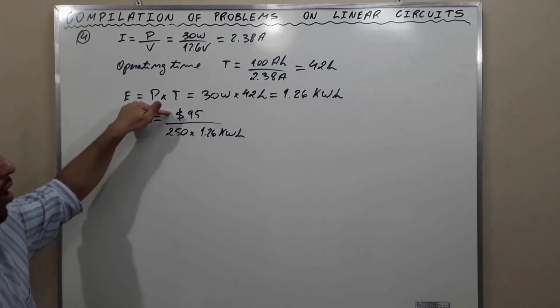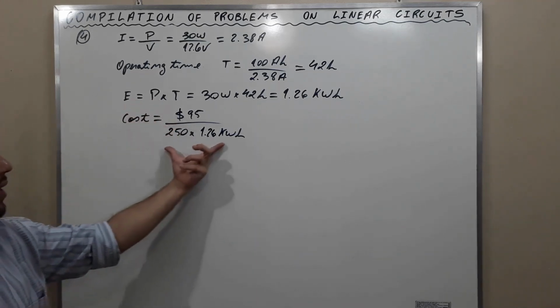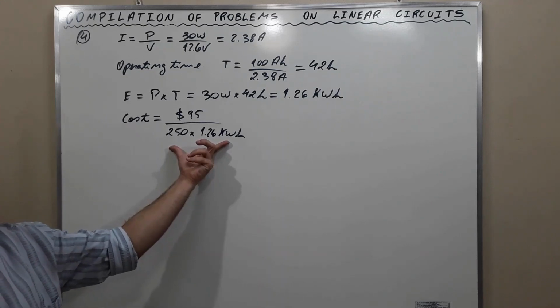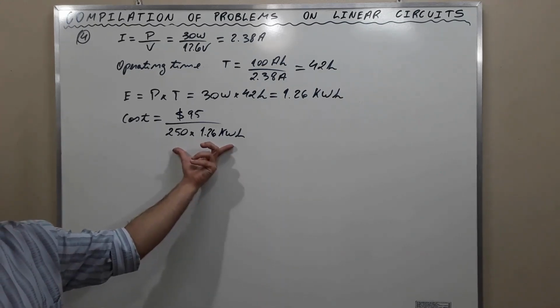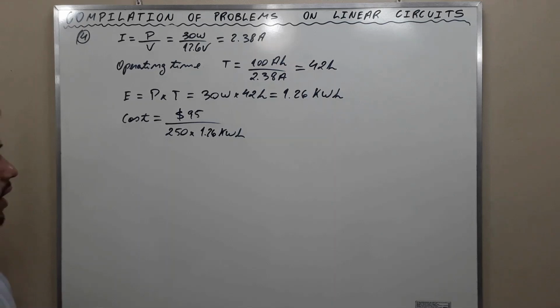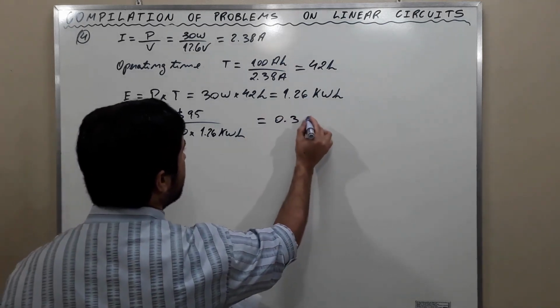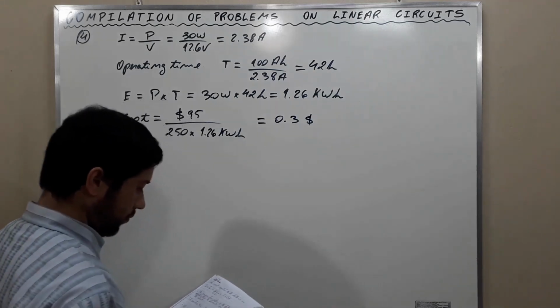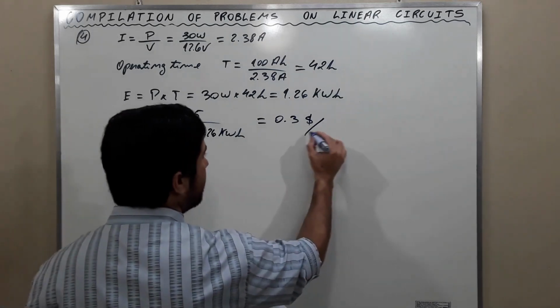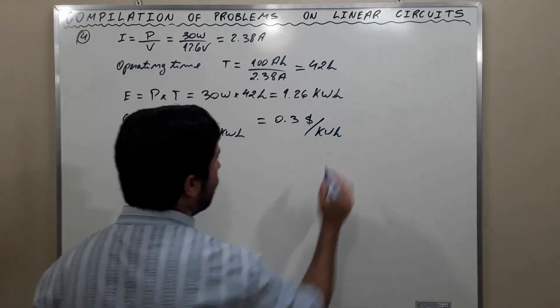If we divide the cost of the battery by the total amount of energy in its service life, we get a cost of 0.3 cents per kilowatt hour.